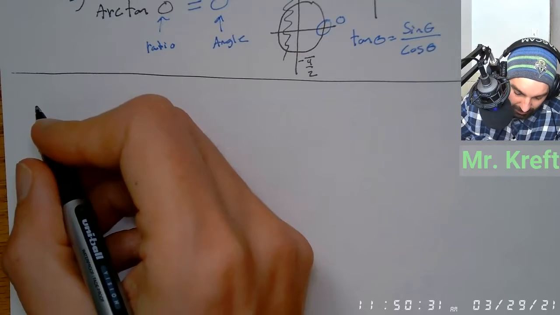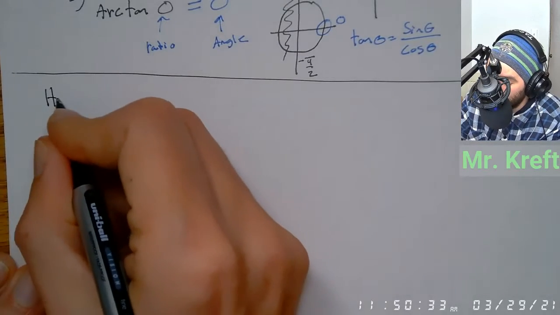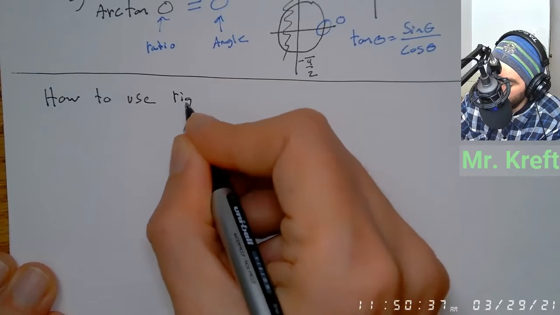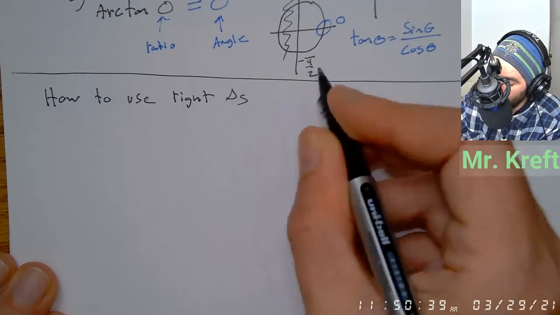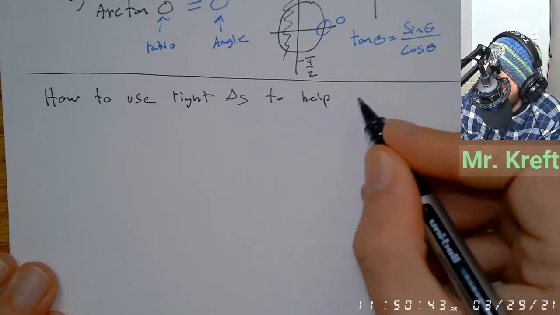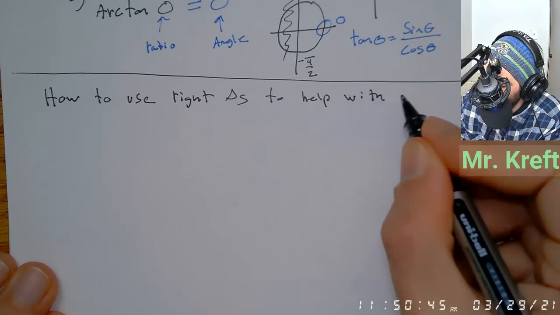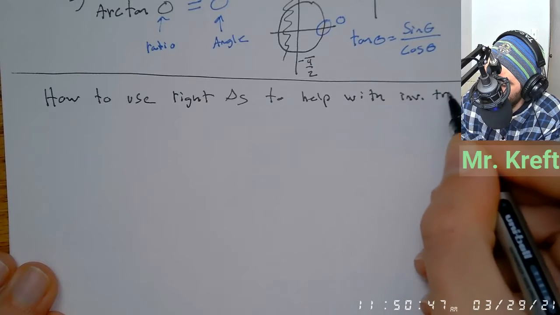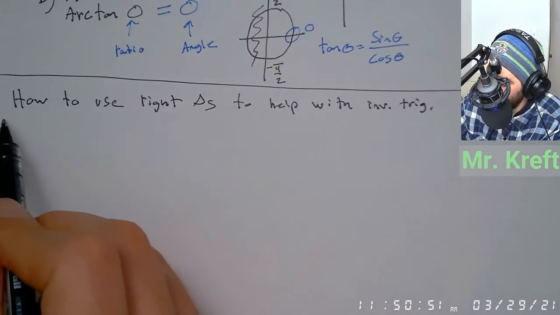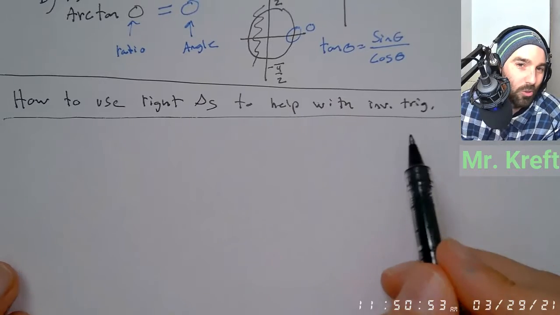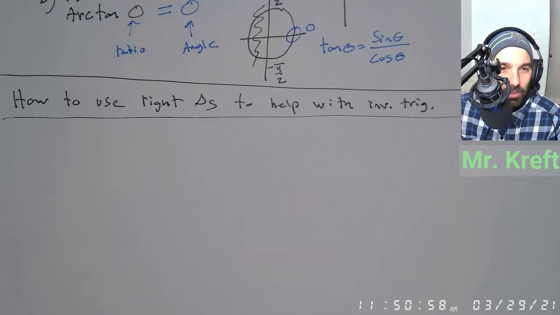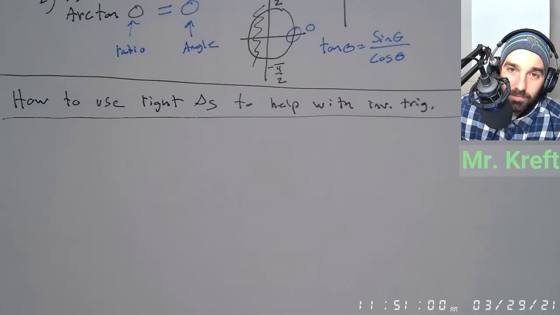Anyways, so what we're going to do is how to use right triangles to help with inverse trig. Sorry, I'm using shorthand because I was going to run off the screen there. Okay, so not invisible trig, inverse trig. Okay, so how to use right triangles to help with inverse trig.